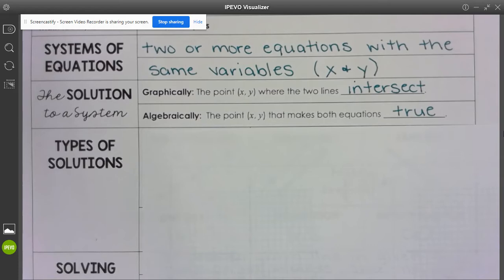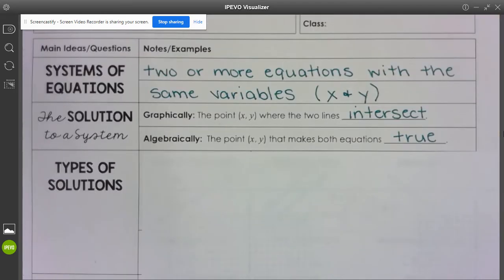And when we're doing this algebraically, which we will do next week, it's the x value and the y value that are going to make both equations true. So this one point, x, y, is going to be the exact same point for both lines. And we'll see what that looks like graphically today, and we'll see what it looks like algebraically next week.